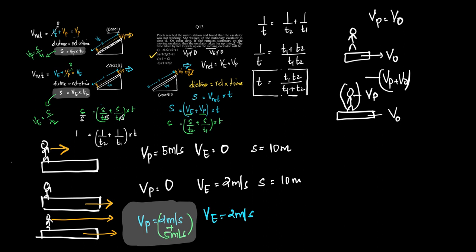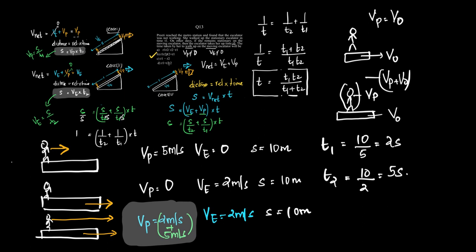Okay, so in this case, again the displacement remains the same, which is 10 meter. So what is time here? T1 would be equal to 10 by 5, which is 2 seconds, right? So if the person walks on the stationary escalator, he will take 2 seconds to complete the motion. Now what is T2? T2 means 10 by velocity of the escalator alone, which is 2, so 5 seconds.